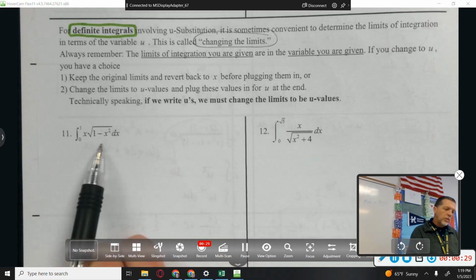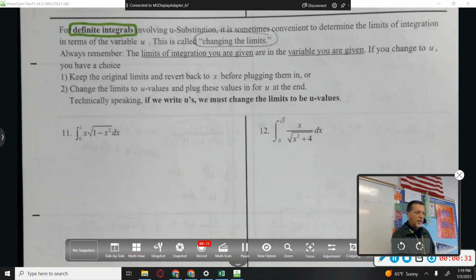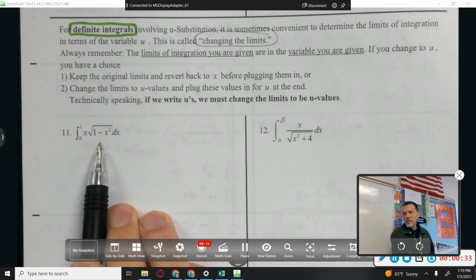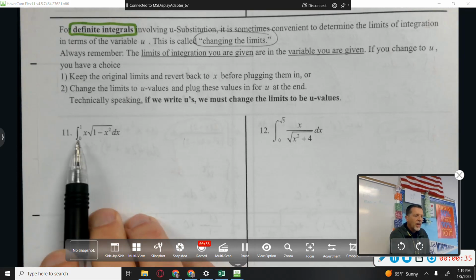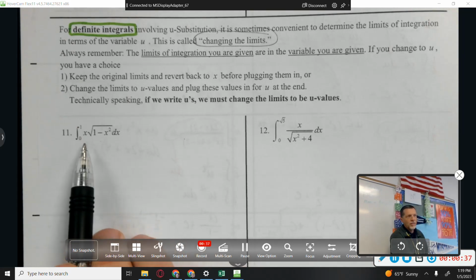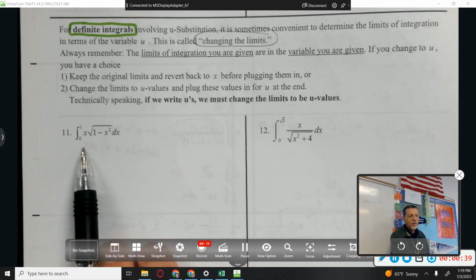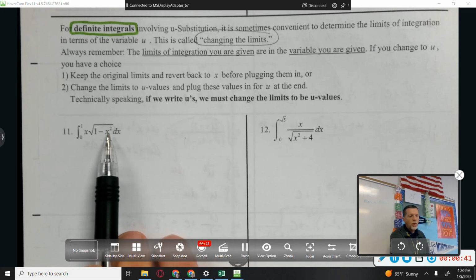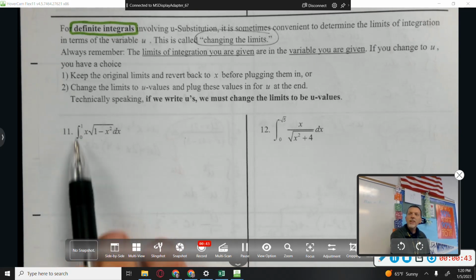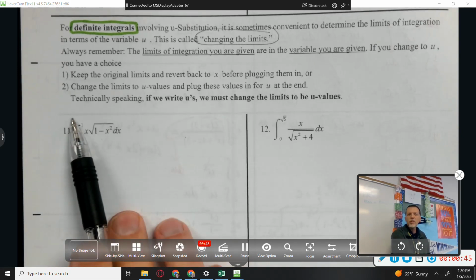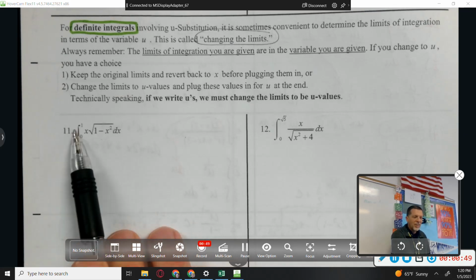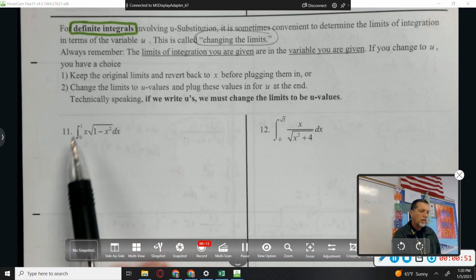So we change all the integrand stuff to U stuff, which means we have to change our limits to U limits. Because it wouldn't make sense to rewrite this all in terms of U, but that 0 and 1, those are X values. So we have to change those to U values. So the extra step today is fix the limits, handle the limits.